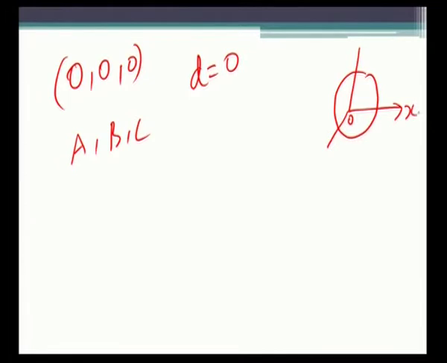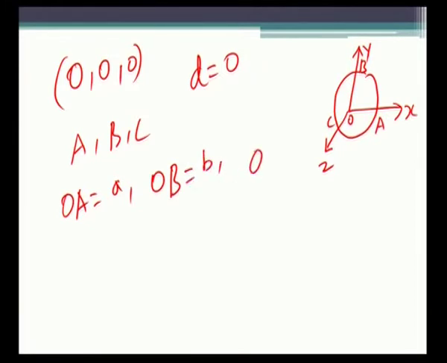On the x-axis, the sphere cuts at A. On the y-axis, the sphere cuts at B. And on the z-axis, the sphere cuts at C. So, pictorially you can draw the given problem. A, B, C are the intercepts. Then OA is equal to a, OB is equal to b and OC is equal to c.